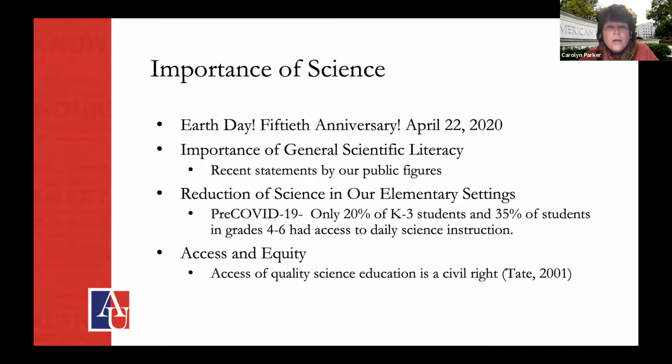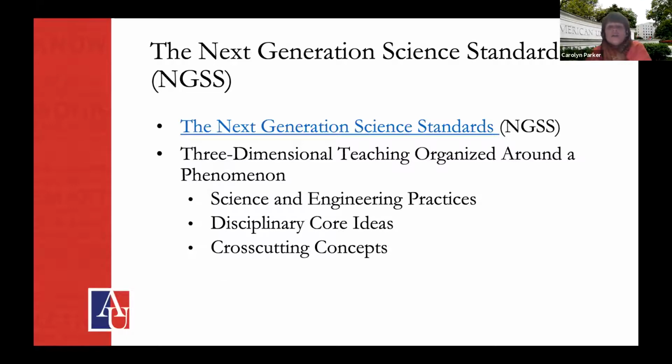So a quick overview of the Next Generation Science Standards. In 2012, or actually before that, the science education community acknowledged and recognized that there needed to be a new or reformed approach to science education, and adopted the Next Generation Science Standards.